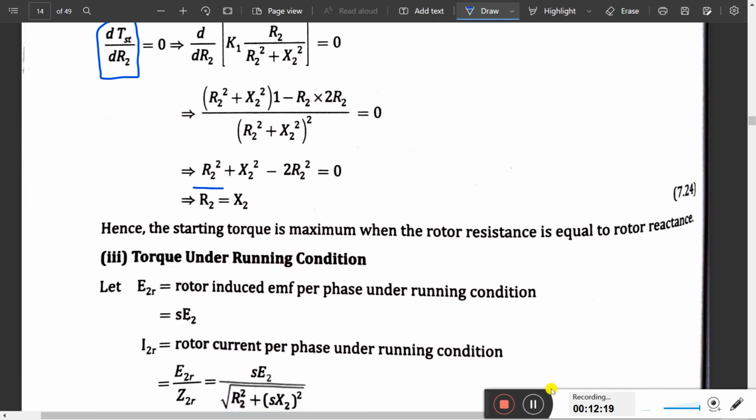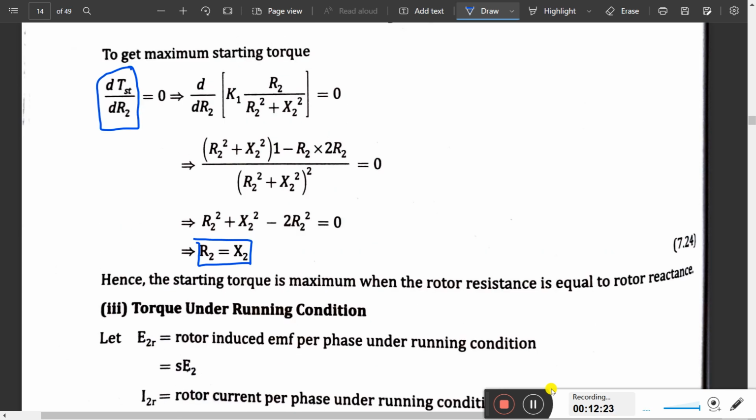After solving this, the condition is, try to observe this, R2 should be equal to X2. Resistance is equal to reactance. At this condition, you will get maximum starting torque.